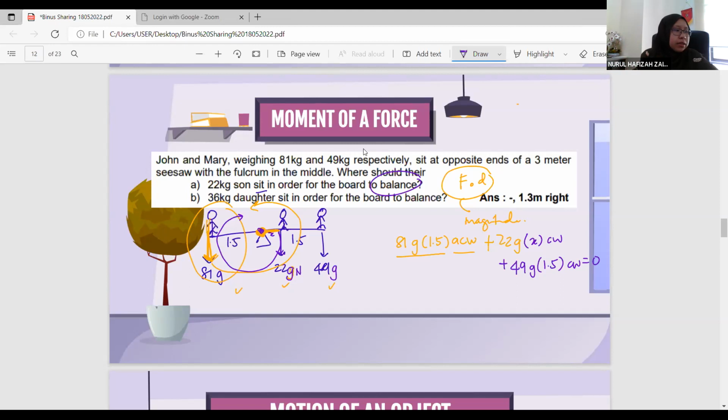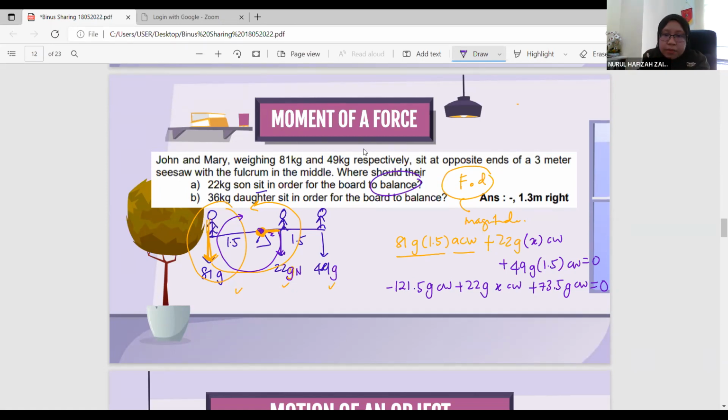So 81, if I have the answer here, negative 121.5g clockwise. I have 22g x clockwise plus 73.5 gram clockwise is equal to 0. Okay, now it's all in clockwise.